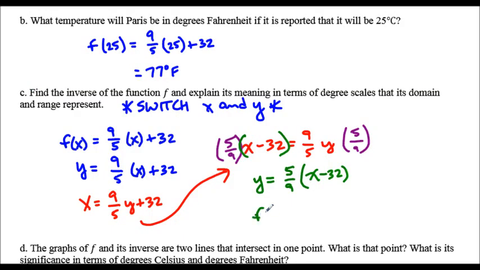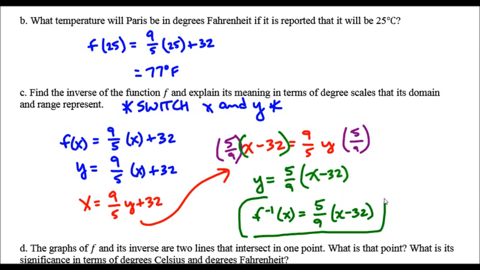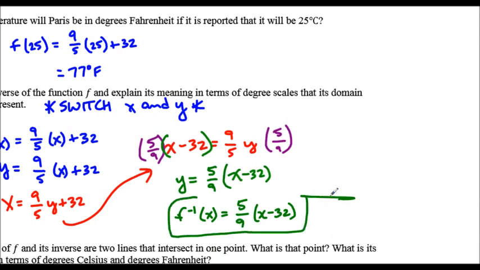So I'm going to go f inverse of x equals 5/9 of x minus 32. So now we've got another formula. If I were given a Fahrenheit temperature, I could figure out the Celsius.